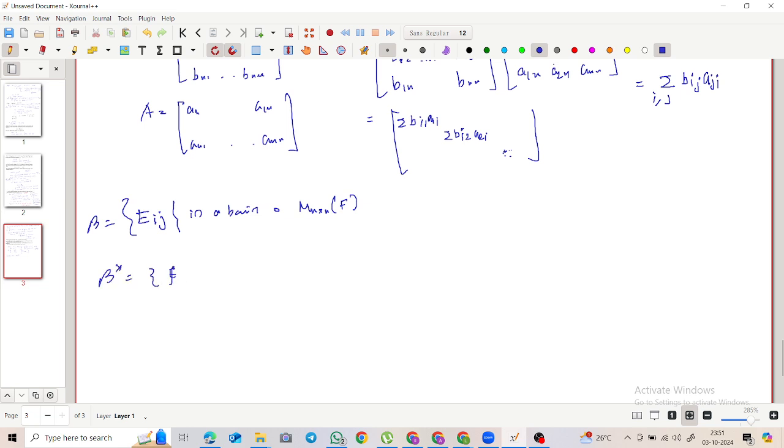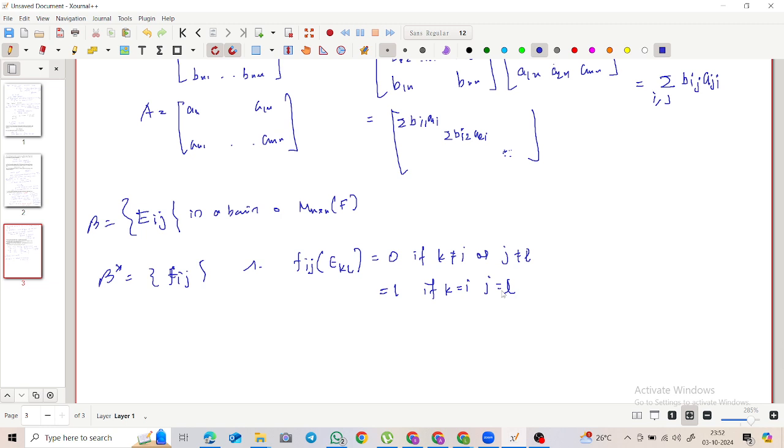E_ij star, such that it is nonzero for ij, and 0 otherwise. Right? This is the dual basis.